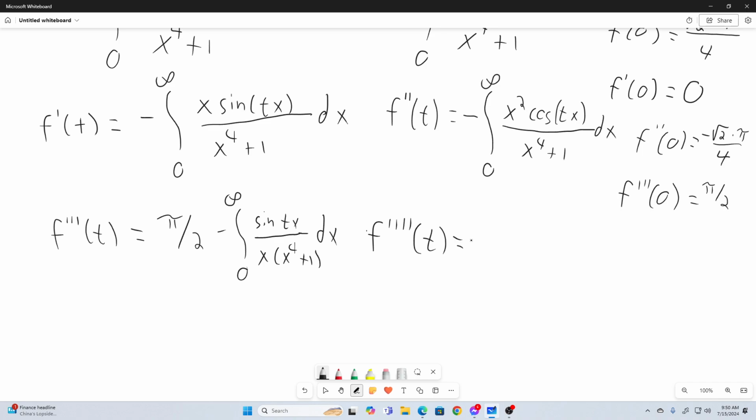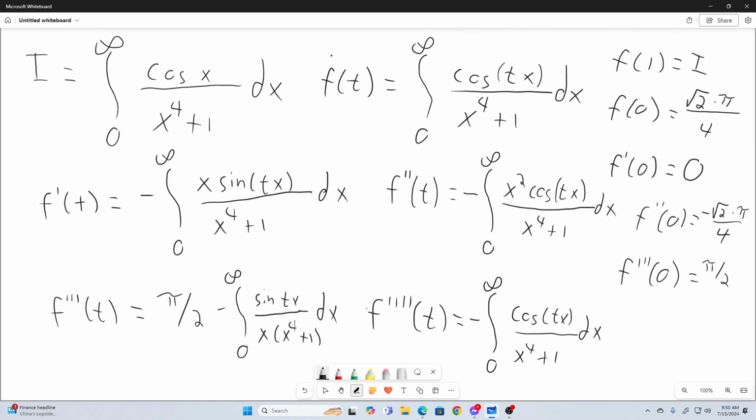So what we're going to be left with is negative integral 0 to infinity of, we'll recover an x when taking that derivative, which will cancel that x. So we're just going to have cosine tx over x to the 4th plus 1 dx. Well, you'll notice that is simply f of t.